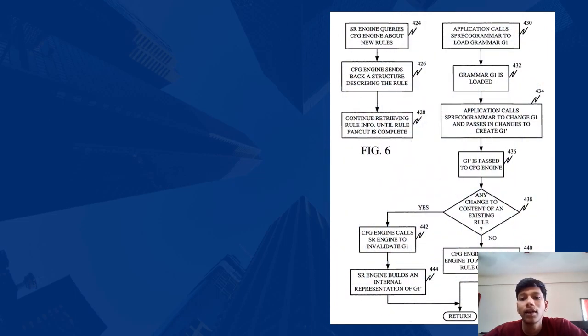See Figure 6 here. It is a flowchart diagram illustrating how a speech recognition engine builds an internal representation of a loaded grammar. And see its flow. And Figure 7 is a flow diagram illustrating how grammar content is changed in accordance with one embodiment of the present invention.